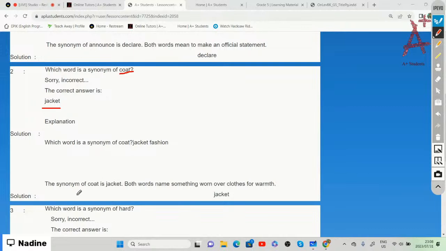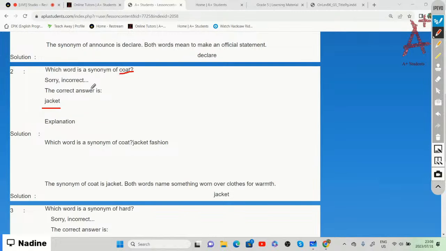And both of these words, coat as well as jacket, are worn over clothes for warmth. Like I mentioned, you wear it during winter, and we also wear it when it is warm weather, and we wear it for fashion, but you mainly wear it to keep yourself warmer than just an actual jersey.